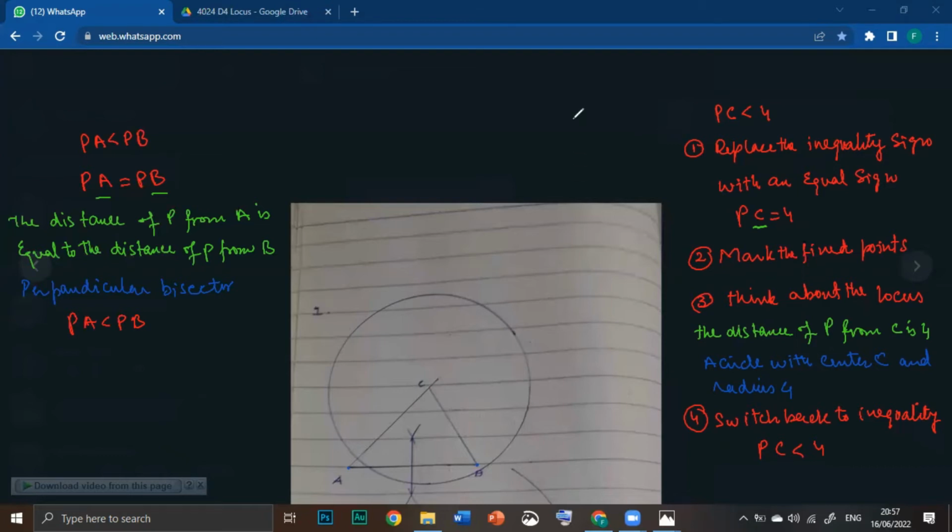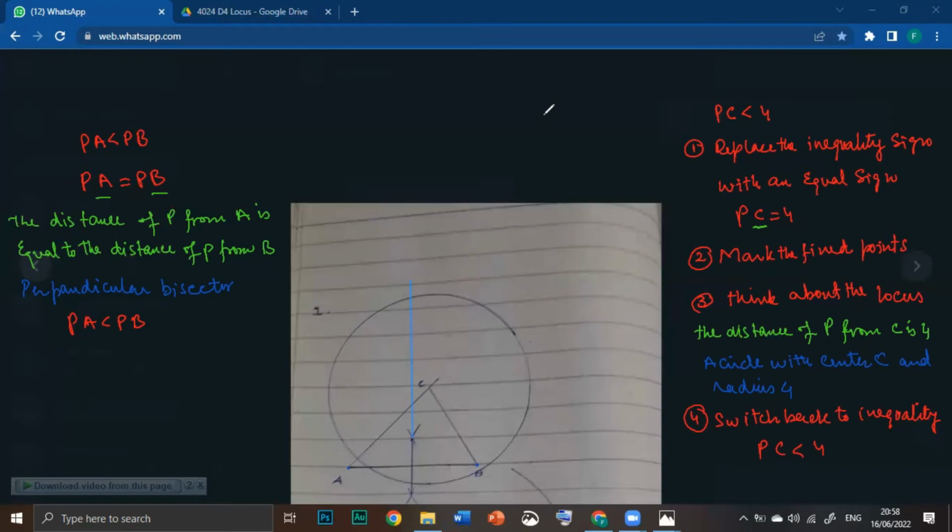Sir, A, because the less sign is towards A. So we should remain close to A. Now I will extend this perpendicular bisector. Now I should remain inside the triangle, inside the circle and closer to A.